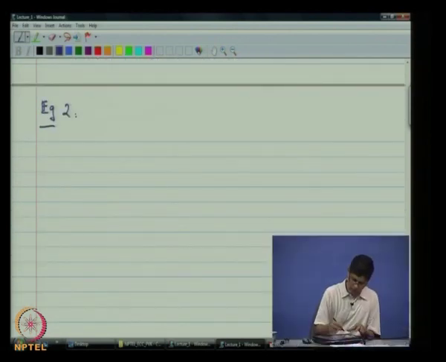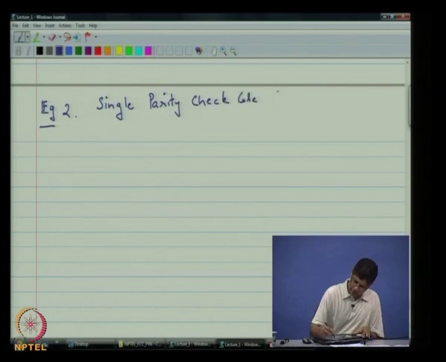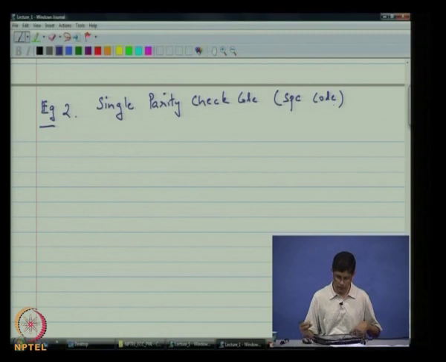So, example 2 is the so called single parity check code, and we will abbreviate this as SPC code, single parity check code.